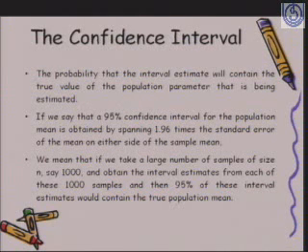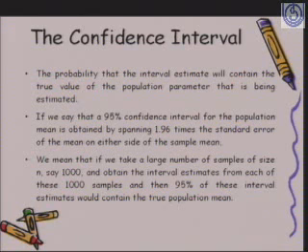Now, I would like to say that if we say that a 95% confidence interval for the population mean is obtained by spanning 1.96 times the standard error of the mean on either side of the sample mean, what is the meaning of this?